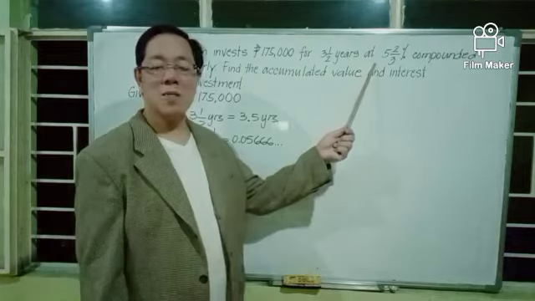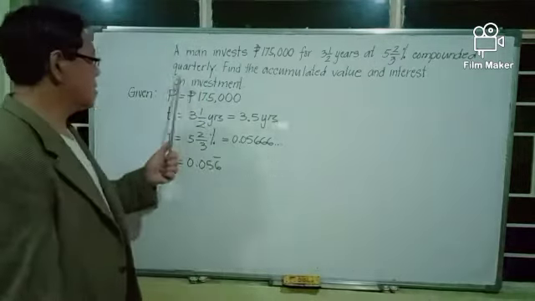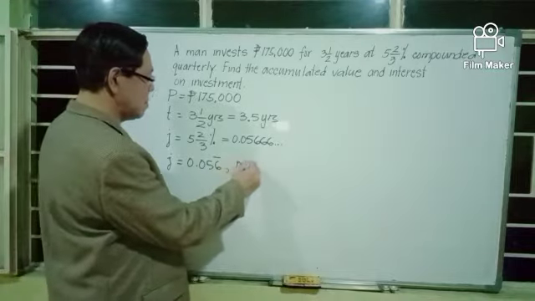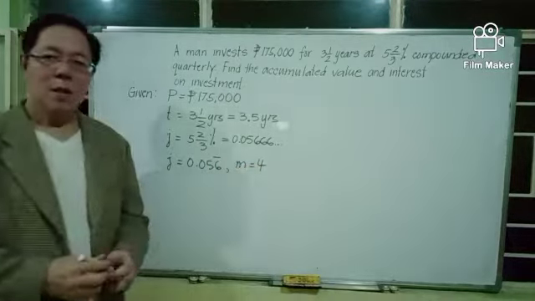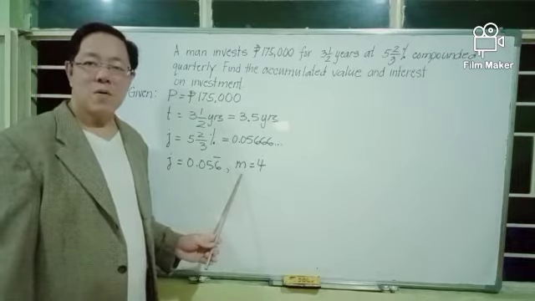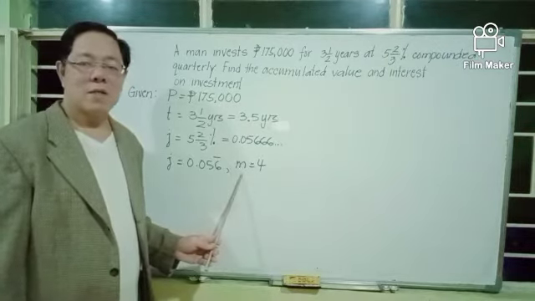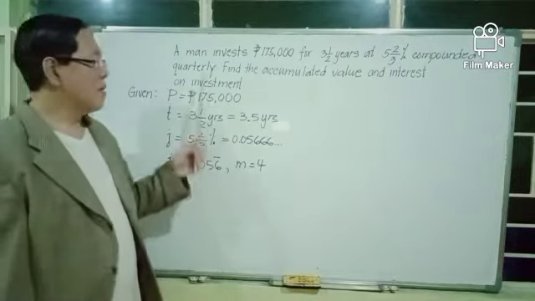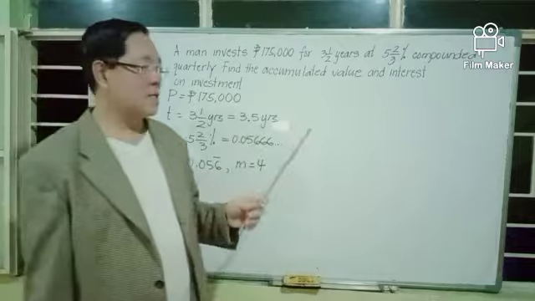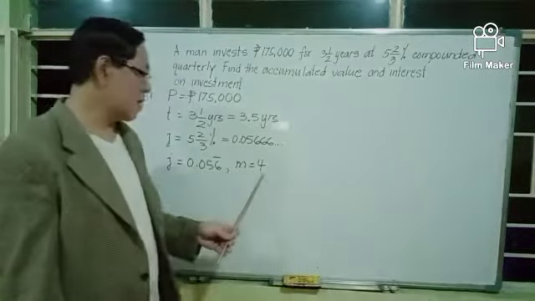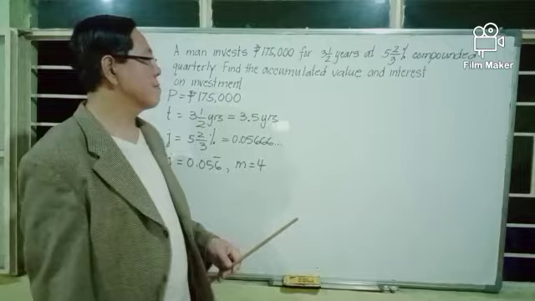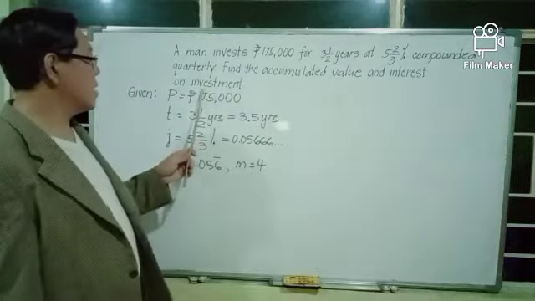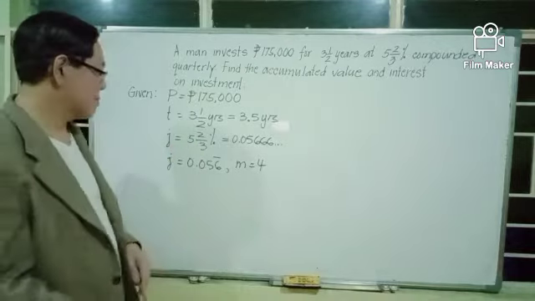Hence, for this given compound interest rate, compounded quarterly, m is equal to 4. m is the number of conversion periods, the number of times that interest will be computed in 1 year. For this particular problem, the interest will be computed 4 times a year, every 3 months.